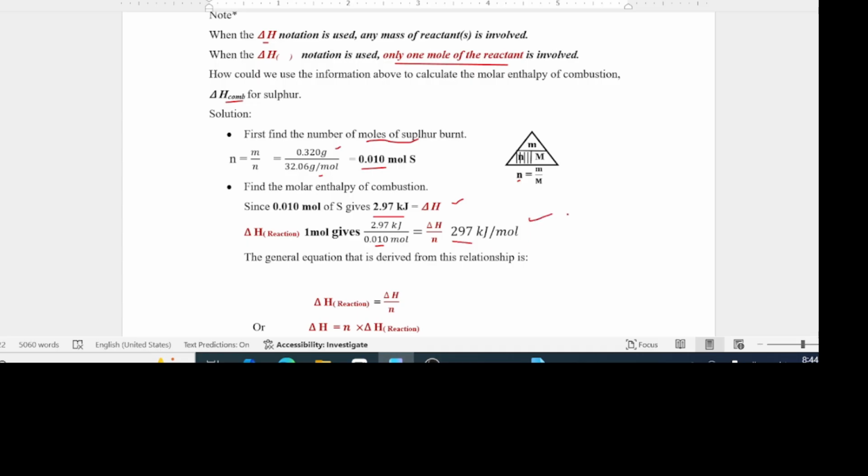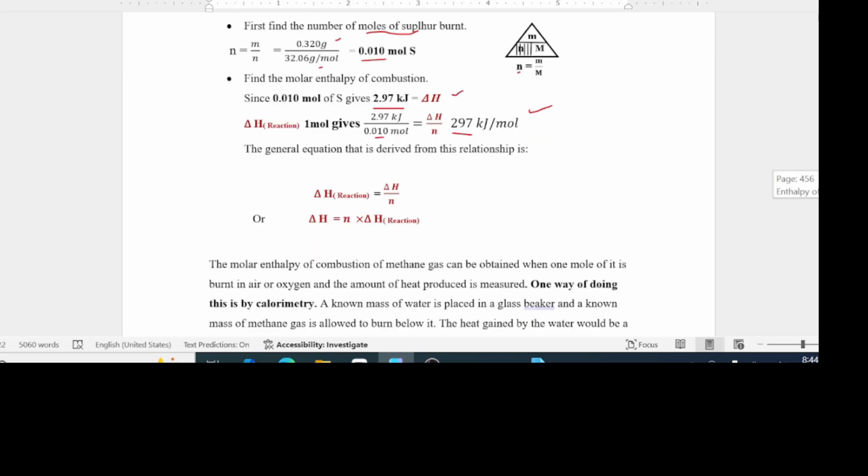But an important equation must be established. The molar enthalpy change will be equal to the delta H of the reaction divided by the number of moles. So that is one equation you should hold in mind.